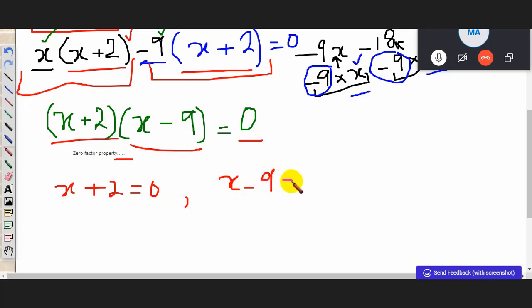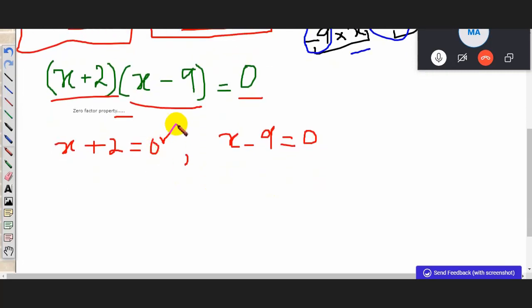So now we have two linear equations, right? And now I need you to solve this first one. That's right. So x equals -2, and that's perfect. Now solve the other one.